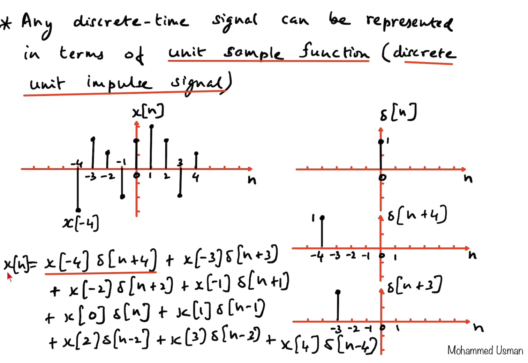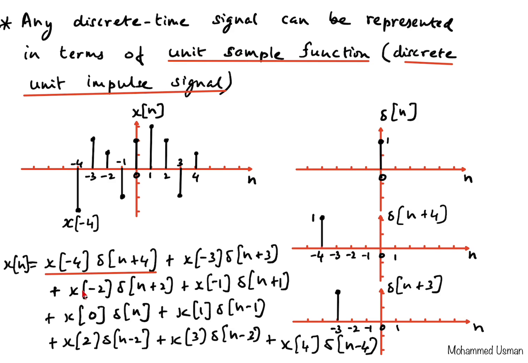So basically, we are representing this signal x of n in terms of shifted and scaled versions of this delta of n. So delta of n is our unit sample function, and we have now represented our input signal x of n in terms of shifted and scaled versions of the unit impulse function or unit sample function.